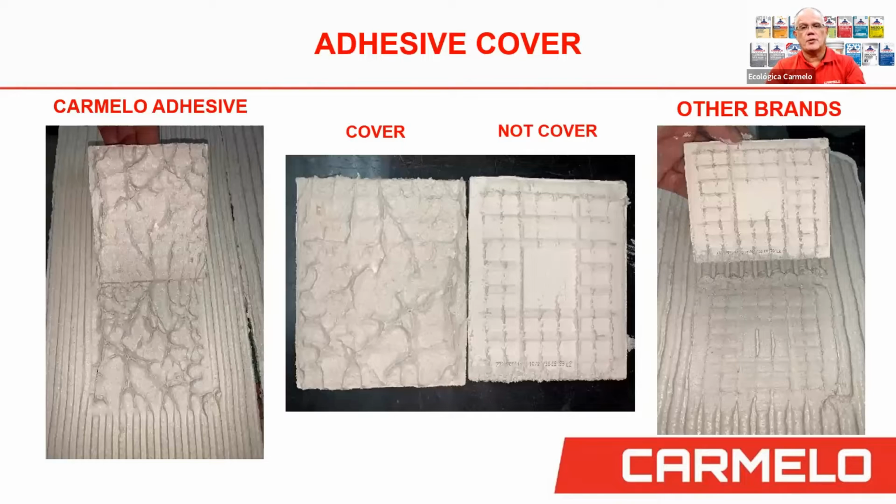And then you're going to have good coverage with Carmelo, where underneath that tile, the whole area gets covered, right? So you see on the right with the other brands, that is not covered. See, that's what we mean about coverage of the tile.